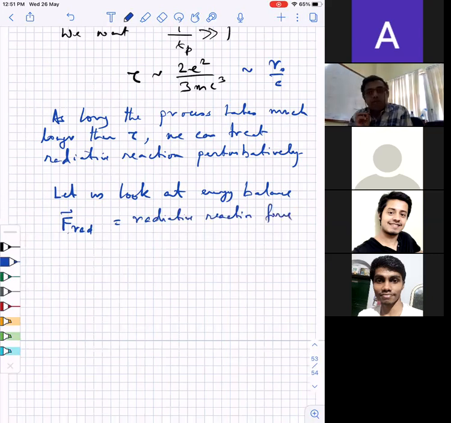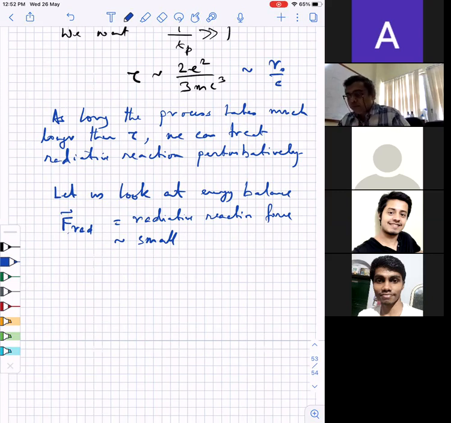And remember, we are doing it perturbatively, so this is small. This is very important. This force is a small perturbation to the external force.